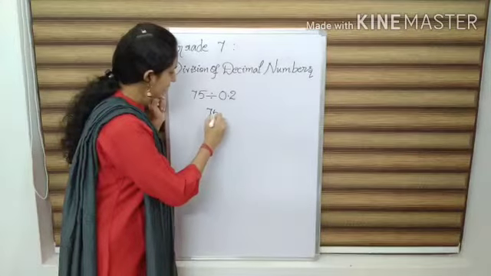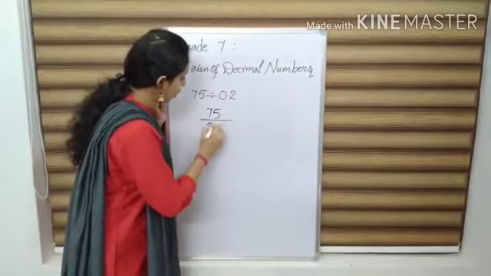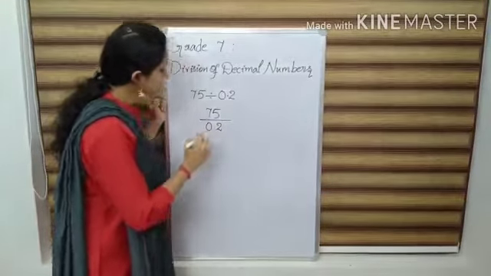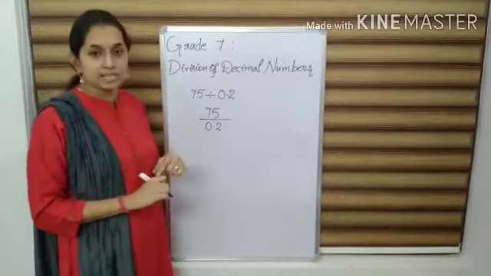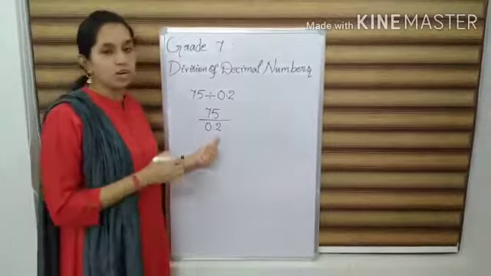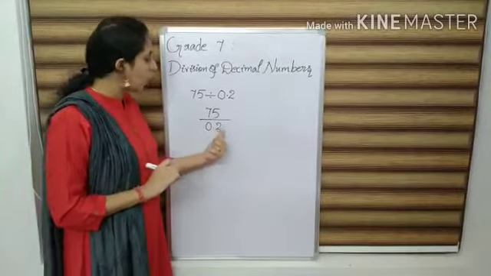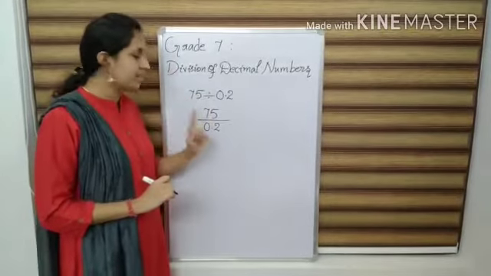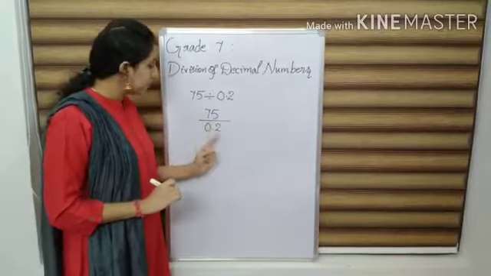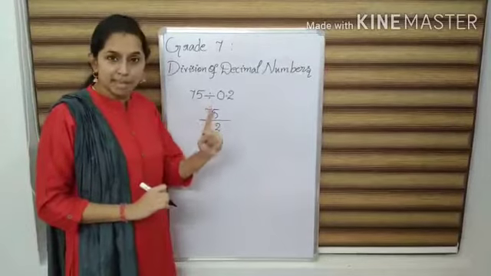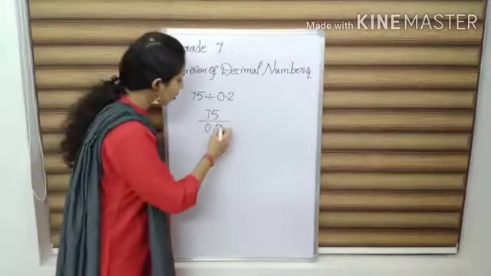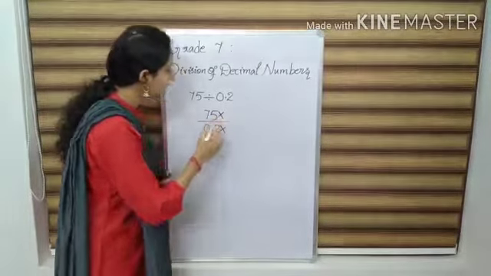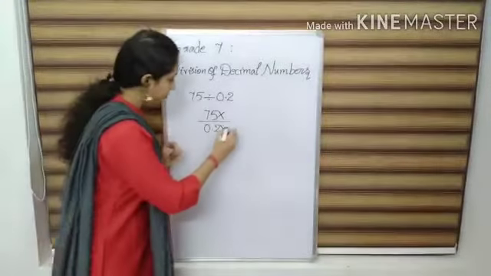The question is 75 divided by 0.2. You have to first check how many decimal places are there in denominator or divisor. 0.2. After decimal place, only 1 digit is there. That means 1 decimal place. If the denominator has 1 decimal place, you have to multiply both denominator and numerator by 10.